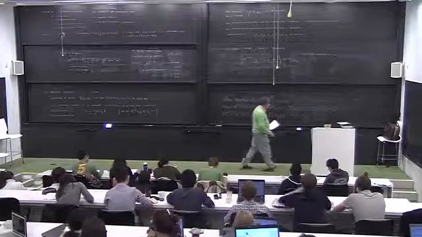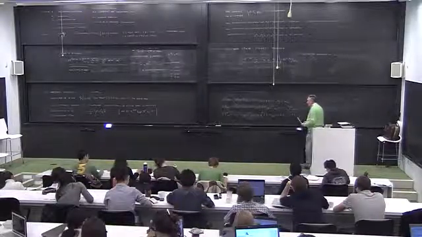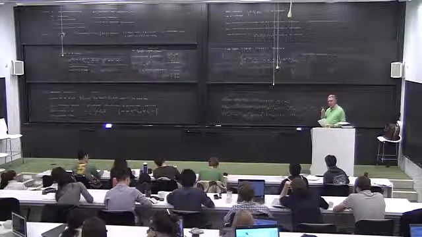Now, we can write this as a tensor. It's interesting that gamma is not a tensor, but delta gamma is a tensor.